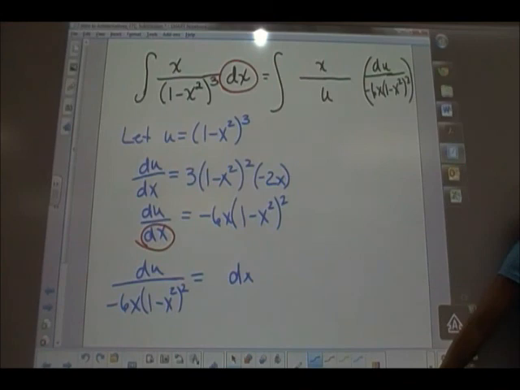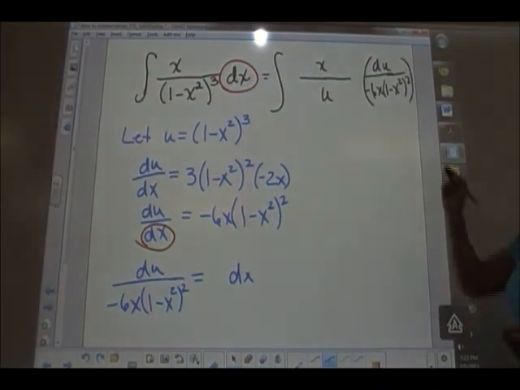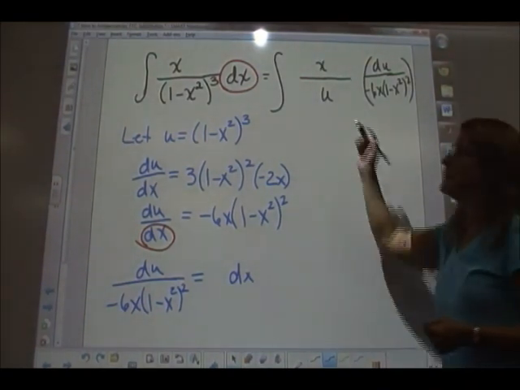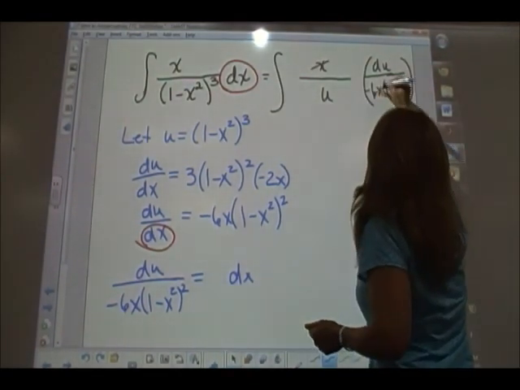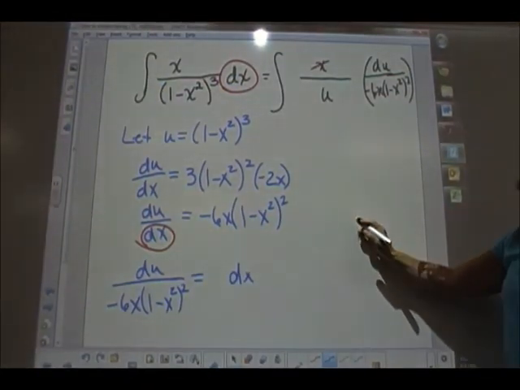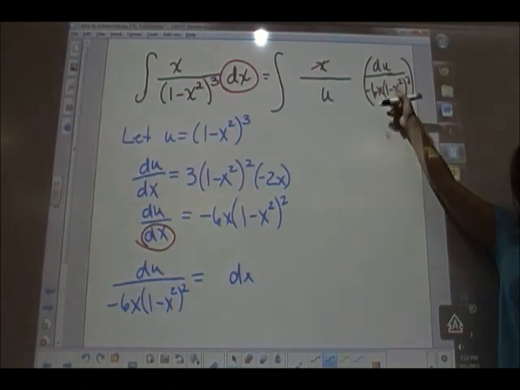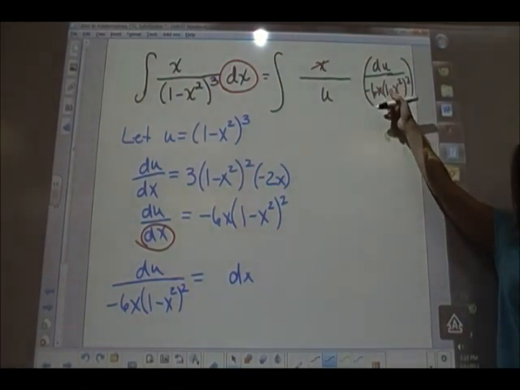Okay, so now what do I do? You can't do the thing that you did. I can cancel something though, can I? Cancel the x on top. I can cancel the x here and here. But I can't get rid of this, can I? I can't get rid of the 1 minus x squared.